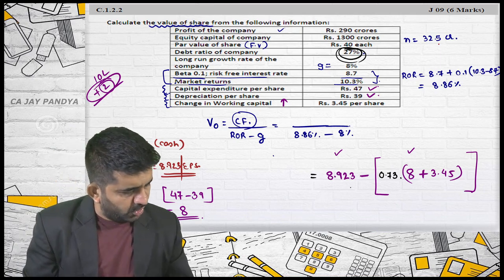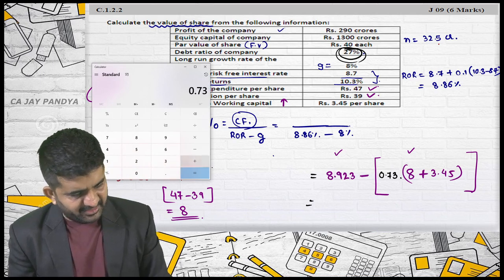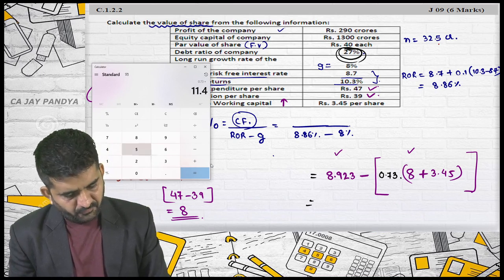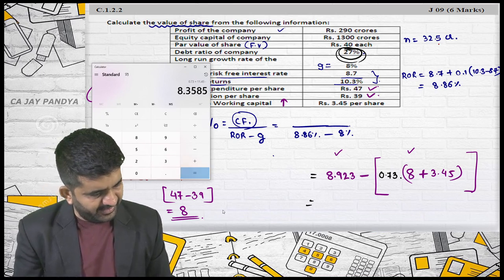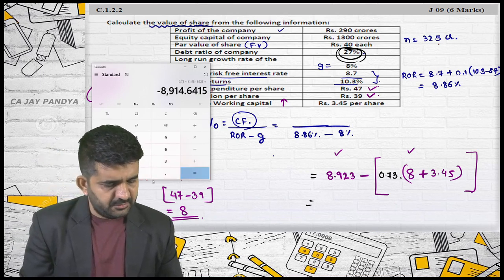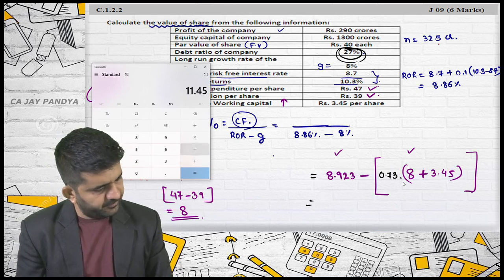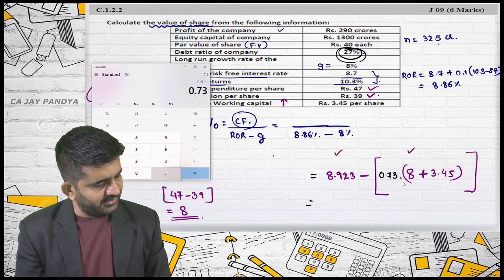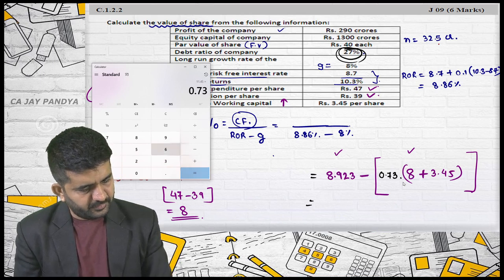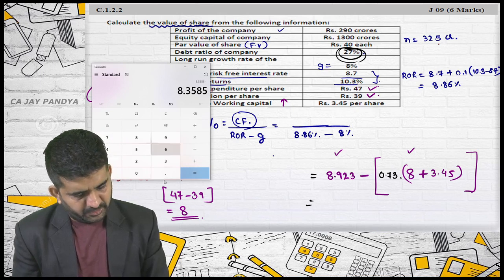So the answer will be 0.73 into 11.45. Sorry, that's a mistake: 11.45 multiplied by 0.73, it is 8.3585, minus 8.923.